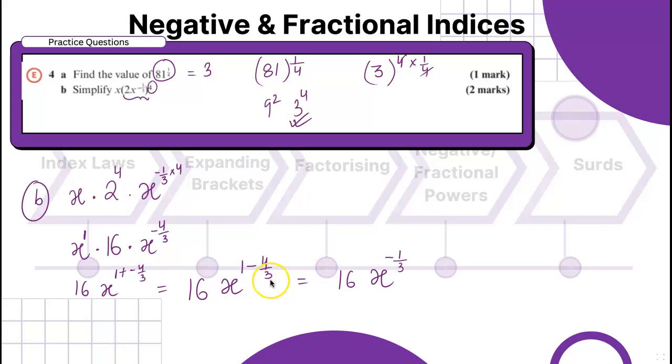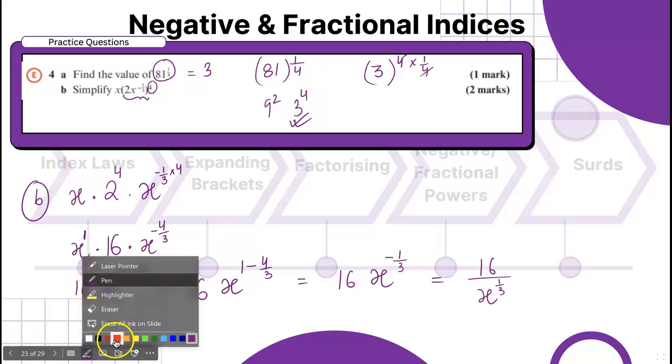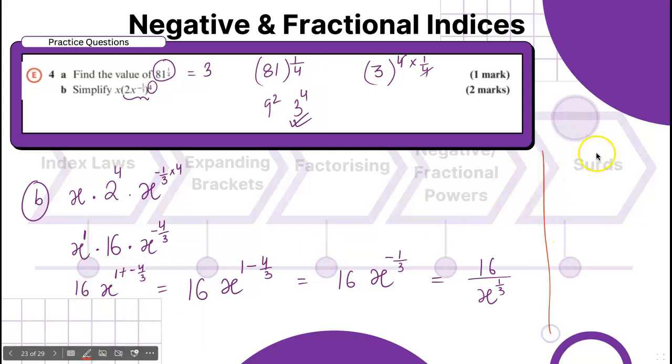Correct? And yes, if you want to make it positive, so it's going to be 16 over x to the power 1/3. Many a times I see students making a mistake, like when they write, for example, 16 to the power of negative 1/3. If they are making it positive, they write it cubed.